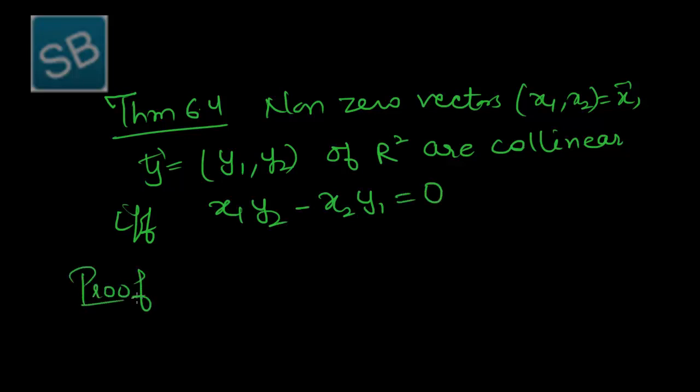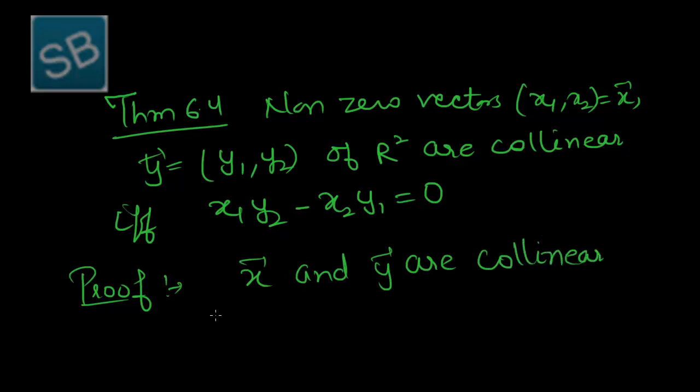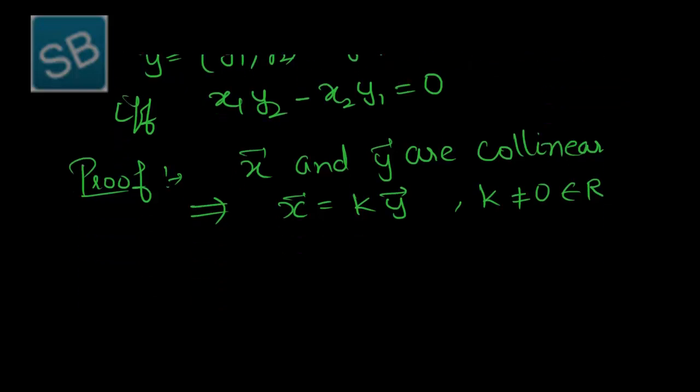Now the proof: vector x and vector y are collinear implies vector x is equal to k times vector y, where k is not equal to 0, k belongs to R minus 0.